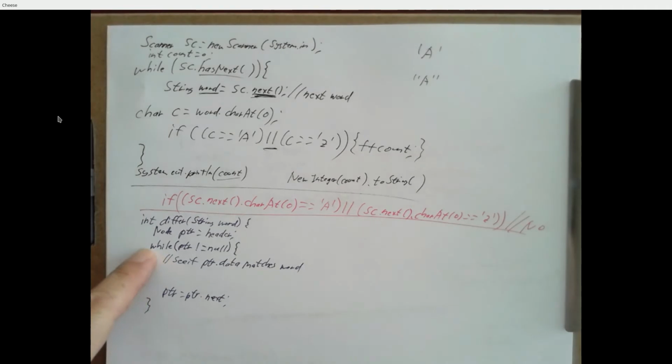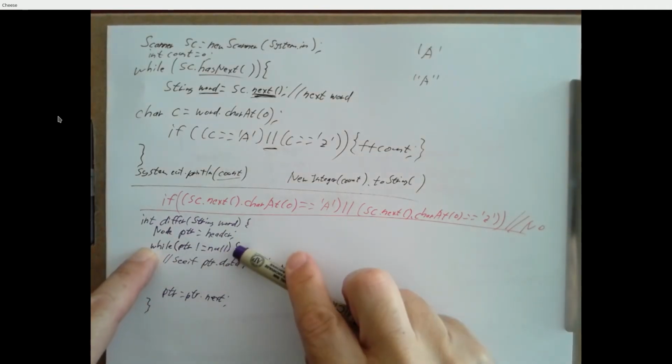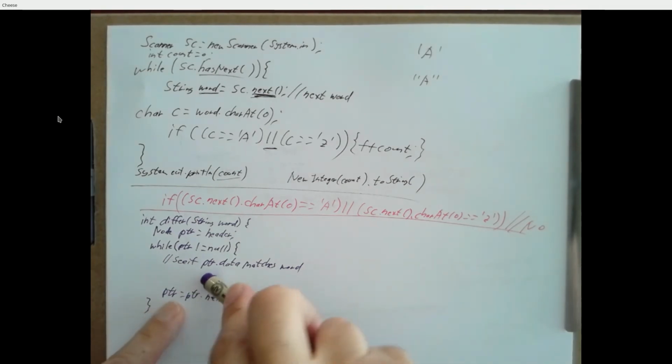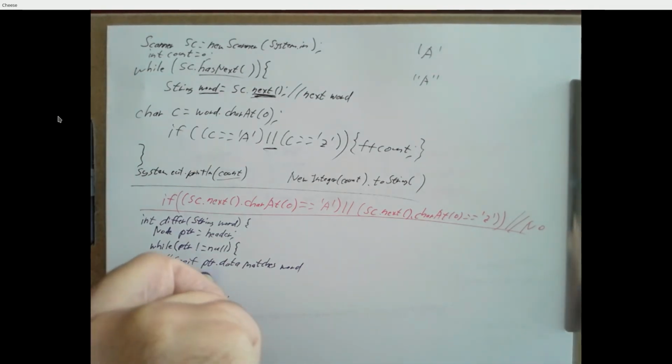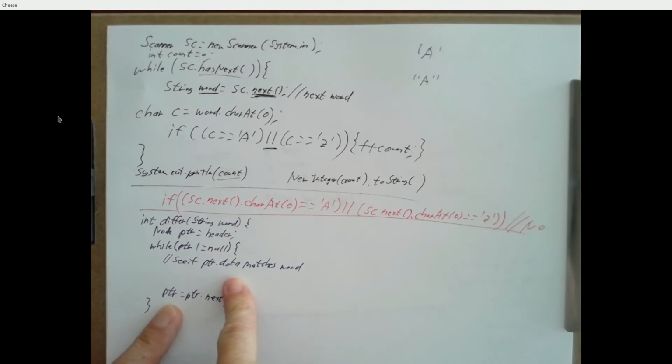When I come up to my while loop, it's going to say pointer is null, and it's going to kick me out of my loop. And the last thing that I looked at, pointer, was the last node. So I'll have considered the last node's data as well as the first. That feels pretty good, and in fact, this will work correctly. So that's one aspect, just the mechanics of going through the list.